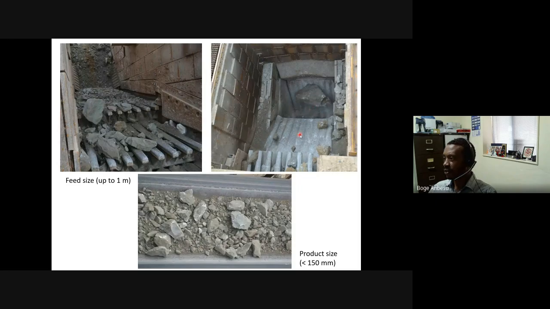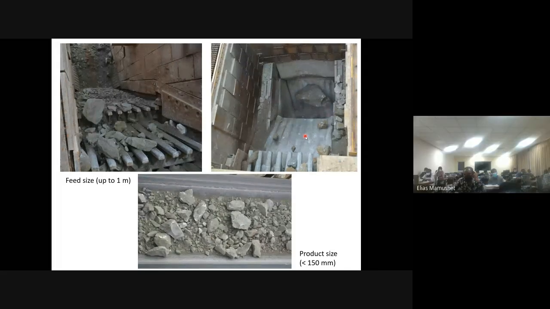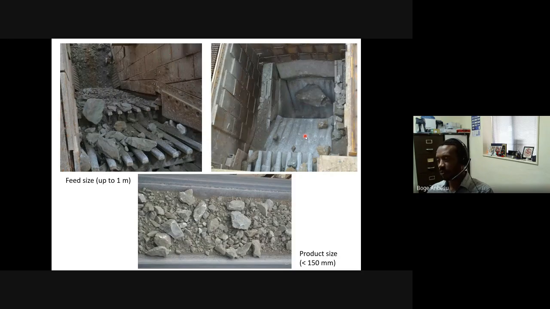Okay, so this is the fixed jaw, and that one is the mobile jaw. So only coarse particles come through, and they will be smashed against the fixed jaw, and that's what we're trying to produce. Okay, so by removing excess fines, we are trying to improve the capacity of our jaw crusher and prevent it from choking.